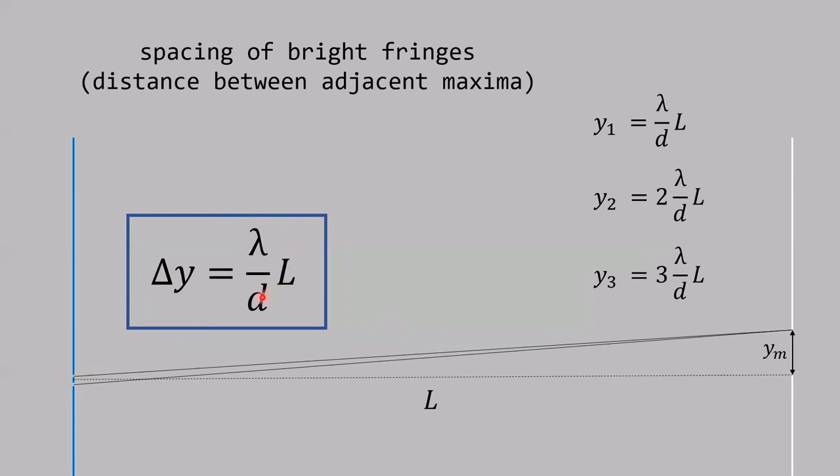And as long as you know the separation between the slits, that's something the manufacturer would provide if you were doing this in a lab, then you just have to measure the distance between the fringes, and boom, you've determined the wavelength of light. How cool is that? Because we're talking about, again, distances much shorter than the width of your hair. And you can measure it just by using the interference phenomenon that we've been talking about for a few weeks now.